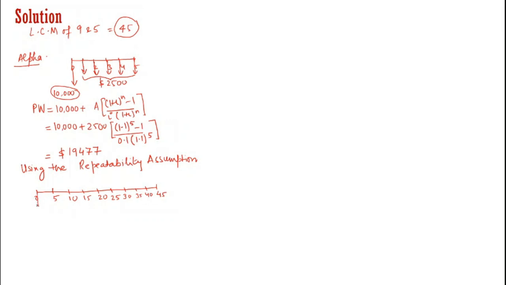Every time, we have already calculated 19477. For the next 5 to 10 years, the present worth will be at the end of 5 years. Again, the value will be same. Similarly, another present worth will be at 10, and this keeps on repeating, and the last transaction of the same amount will be at the end of year 40. Of course, these end of years are not continuous, there is a break.